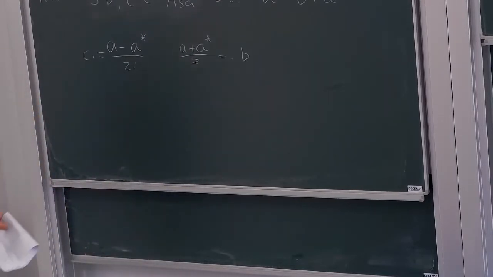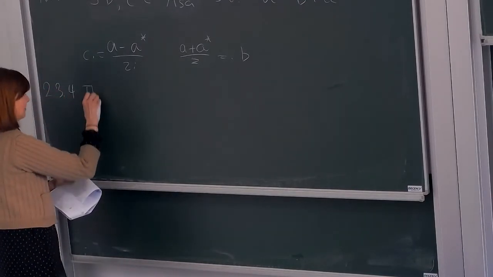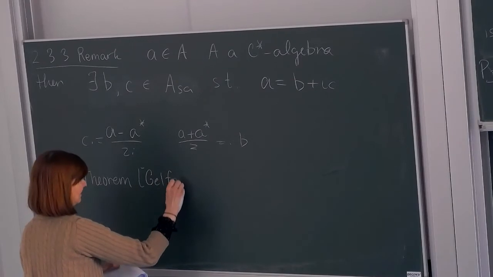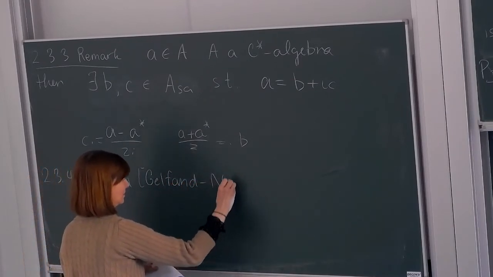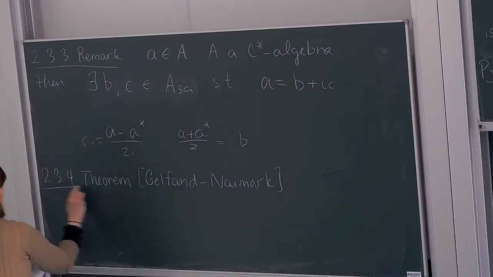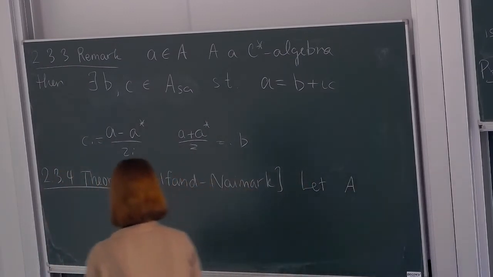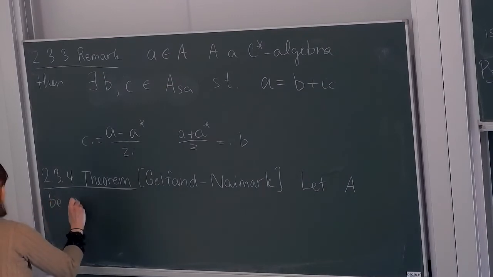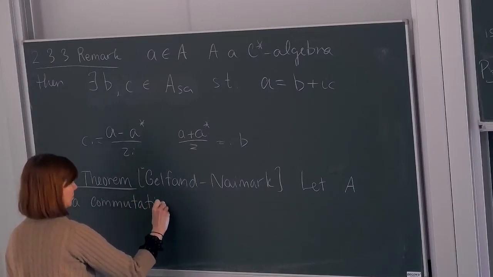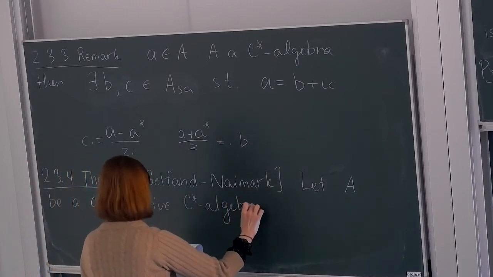Okay, so that brings us to the Gelfand-Naimark theorem. So we have a commutative C-star algebra.